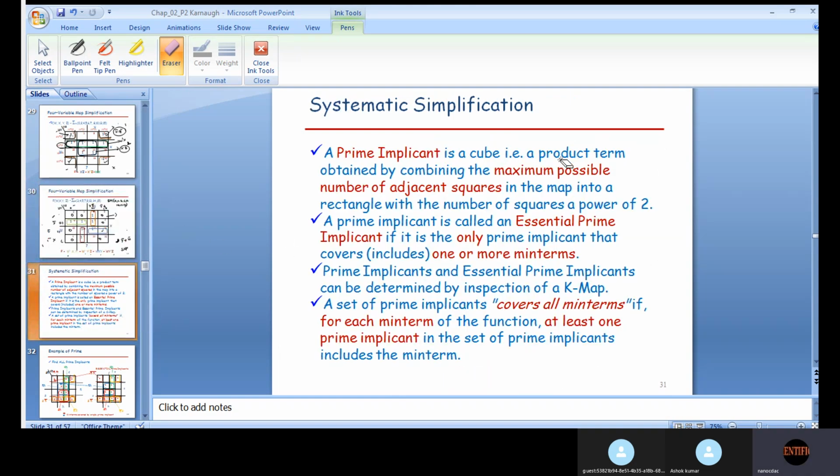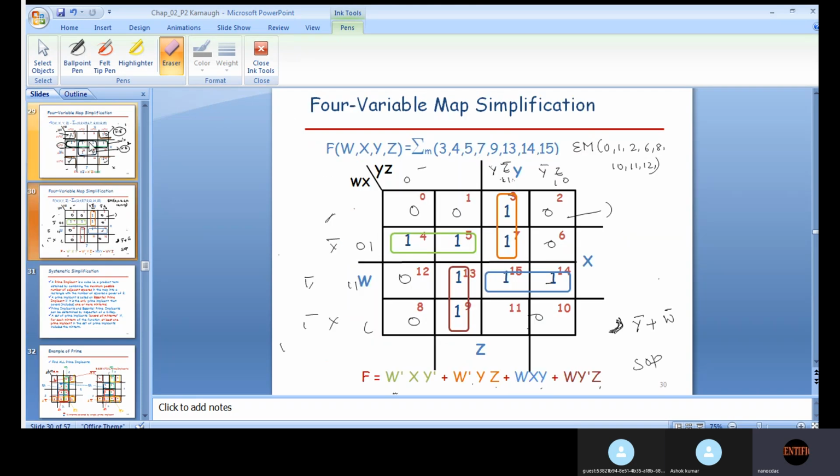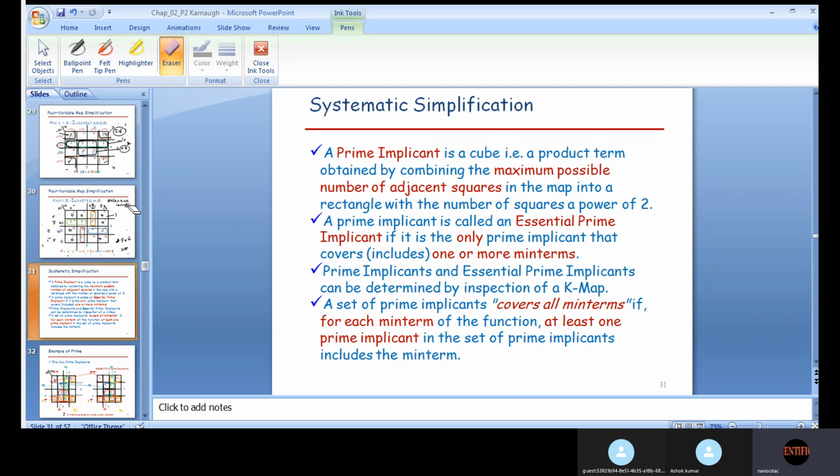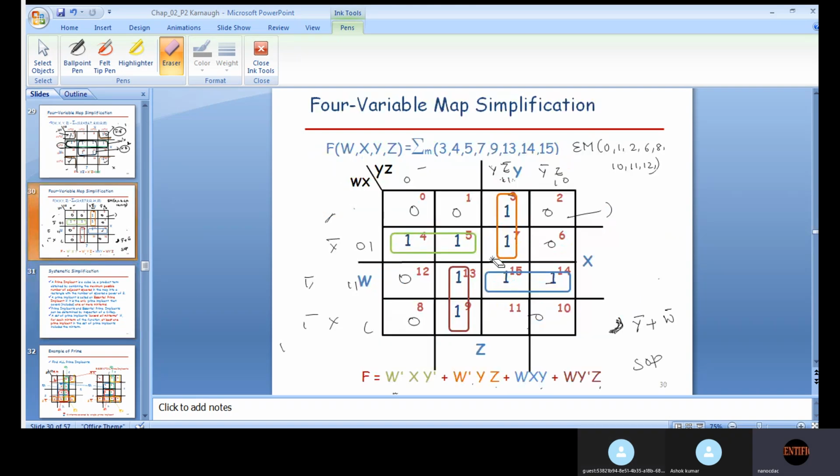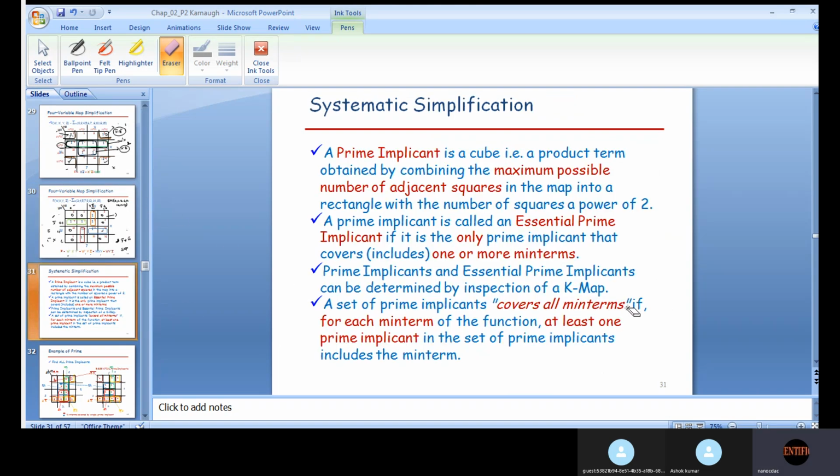And see, for systematic simplification, what you need to do is, look, what we have seen, these are the groups of min terms. Okay, these are the groups of min terms. So here there is one concept called prime implicant. Okay, prime implicant and essential prime implicant. You should know what is a prime implicant and what is an essential prime implicant.